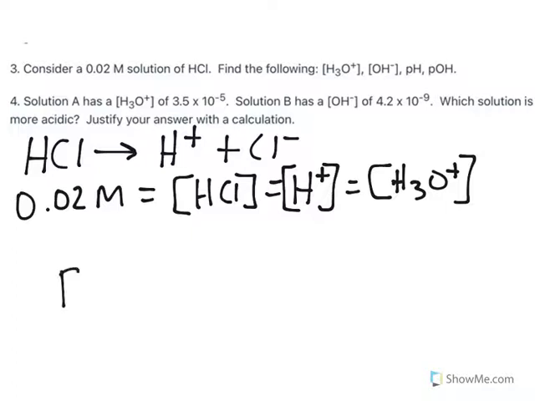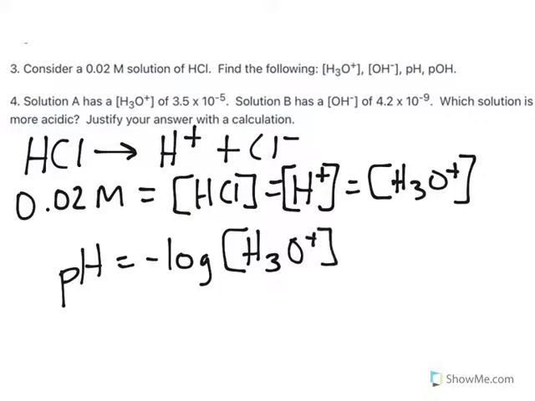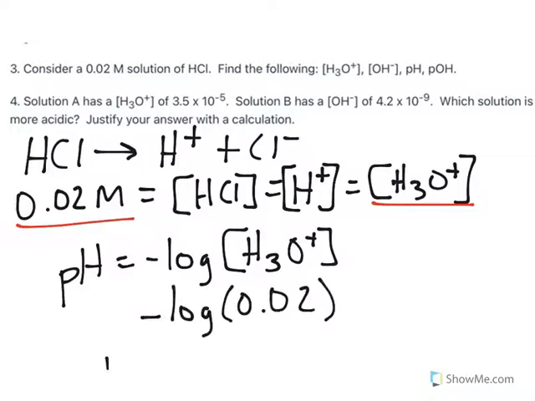So pH equals negative log of the hydronium ion concentration, which we just said is 0.02. So we're simply taking the negative log of 0.02, and pH equals, let me get my calculator, negative log of 0.02, and we're kind of just ignoring sig figs.